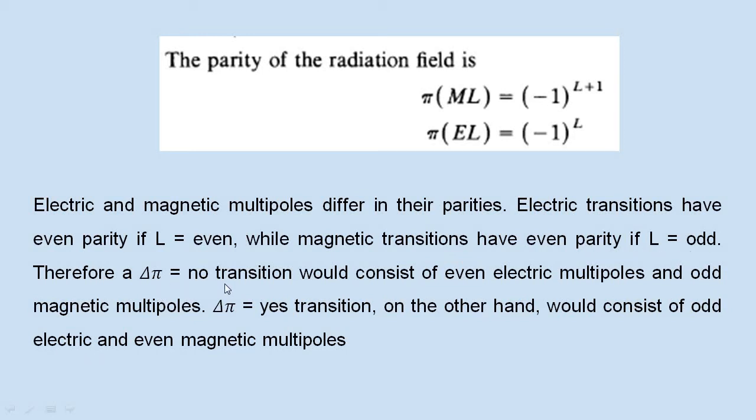Therefore, delta pi equal to no, that means no change in parity, transition would consist of even electric multipoles and odd magnetic multipoles. Delta pi equal to yes transition, on the other hand, would consist of odd electric and even magnetic multipoles.